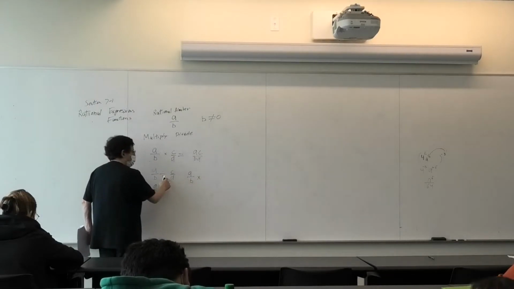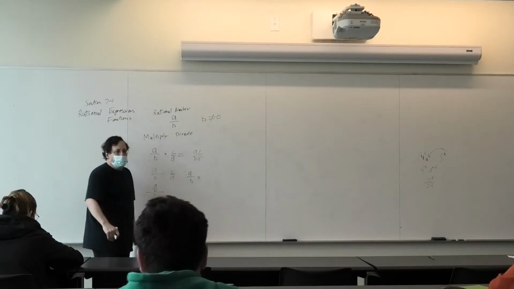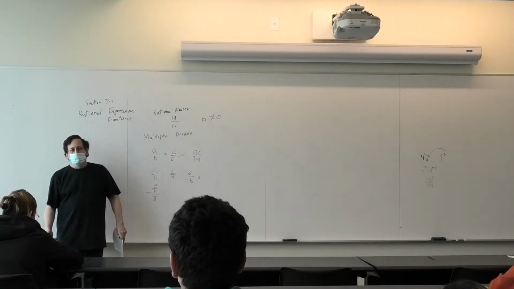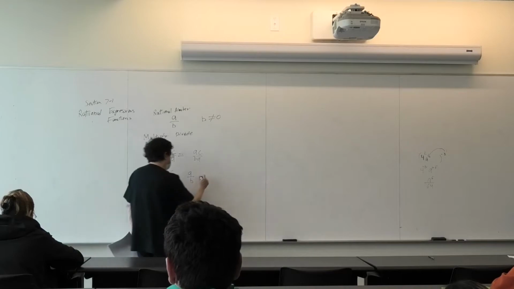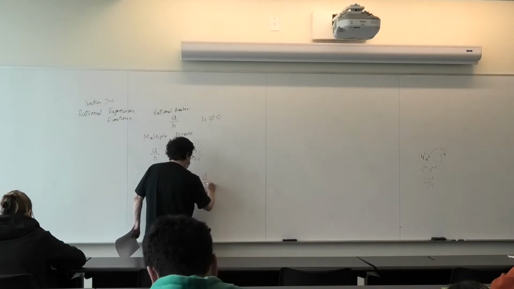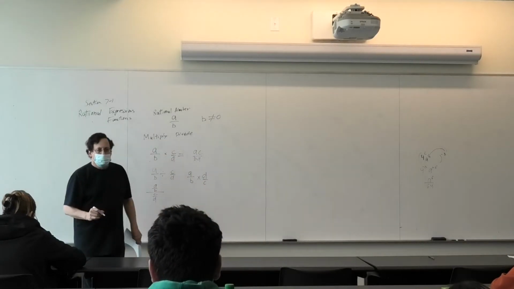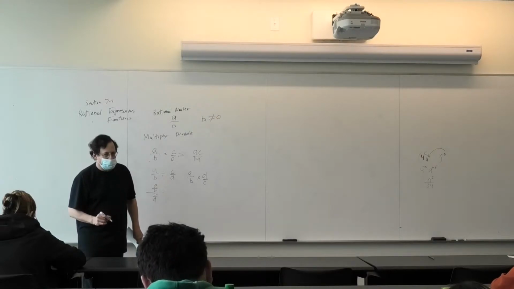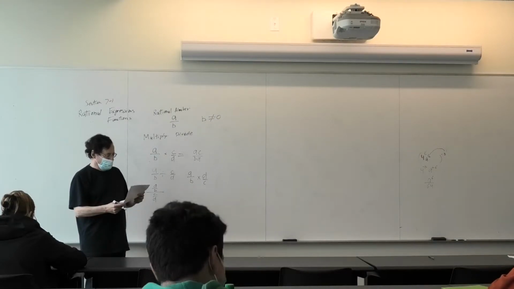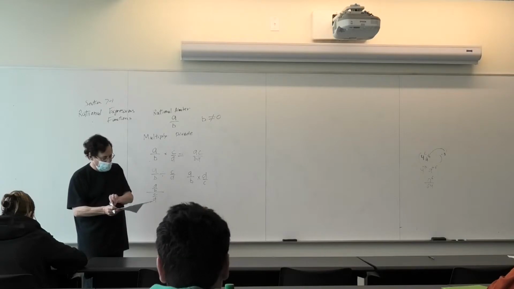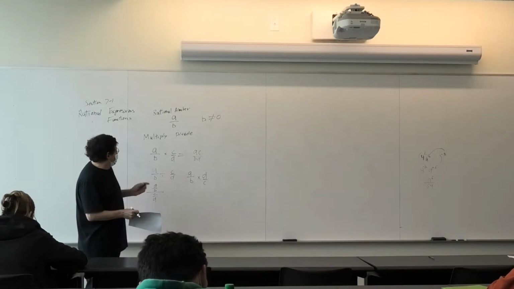Instead of dividing by c over d, we multiply by d over c, which is called the reciprocal. Okay. Good vocabulary word. All right, so that's pretty straightforward.